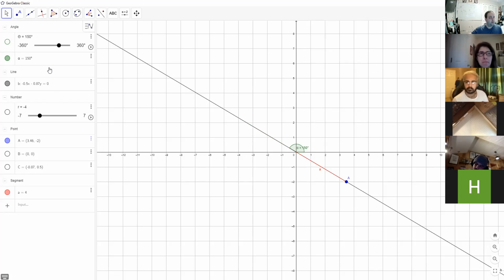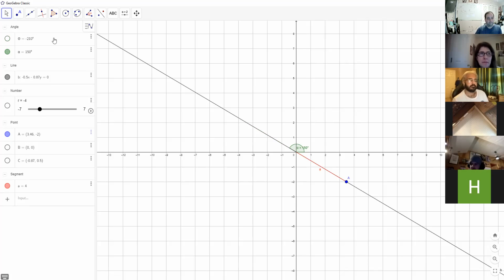And then another one was R was -4, and this angle right here was -210. 210, yeah, because it's 7 pi over 6, right? Nothing changed. Well, you're still highlighting 150. Does that matter? Oh, hang on.